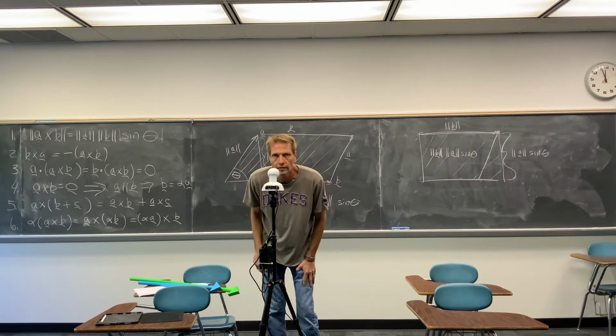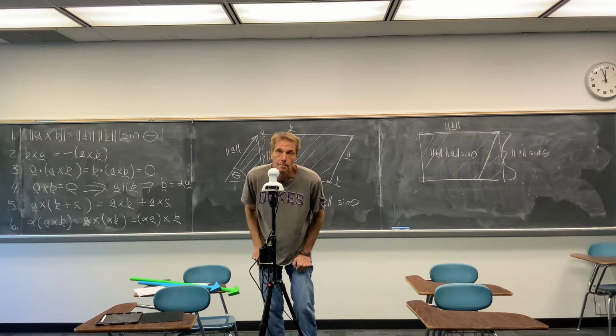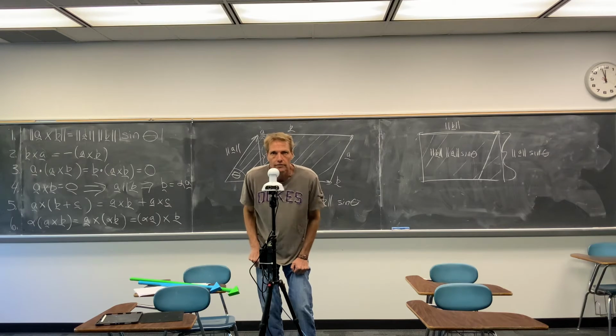The norm of A cross B, geometrically, is equal to the area of the parallelogram that naturally follows from A and B. So the norm of A cross B is equal to the area of the parallelogram described by A and B.